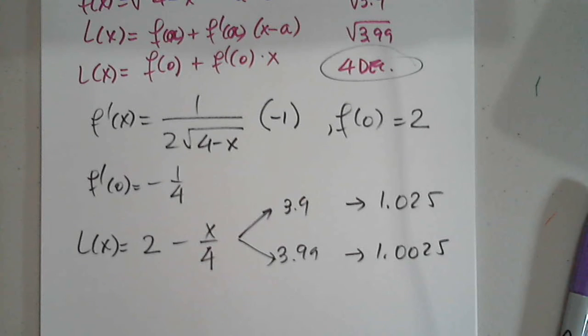Now I want to use a window, and I only care about what happens around 0, so between -3 and 3. I don't know how high y should be, but definitely not below 0 because it's a square root.